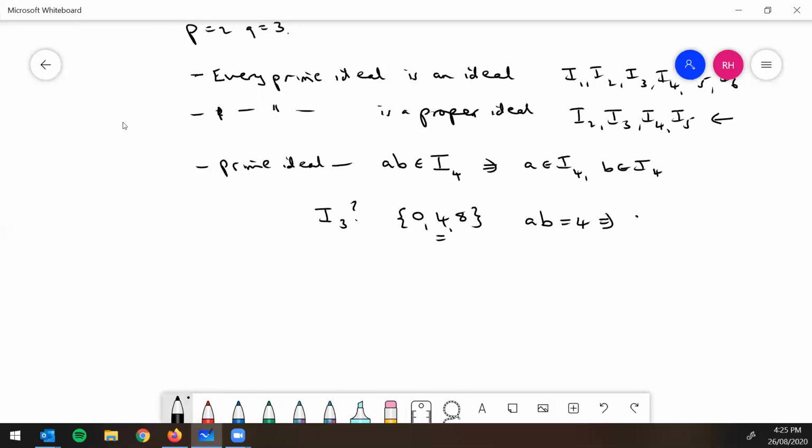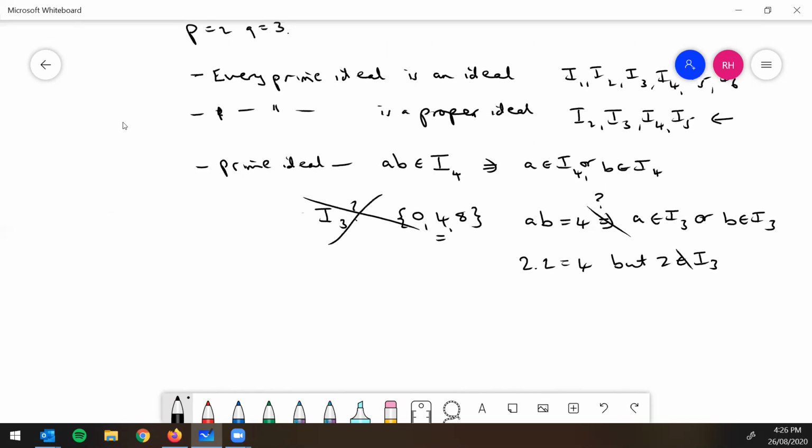Does that mean that A is an element of I3 or B is an element of I3? Is this true? And the answer is no, it's not true. Why? 2 times 2 equals 4, but 2 is not an element of I3. So this one is not a prime ideal.